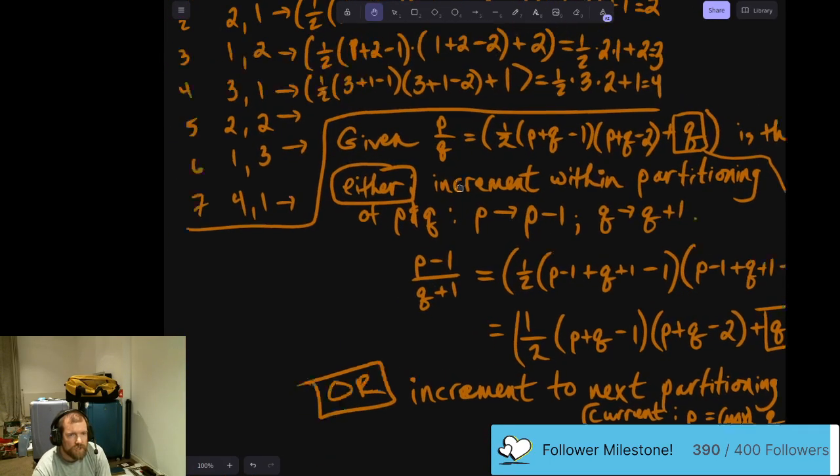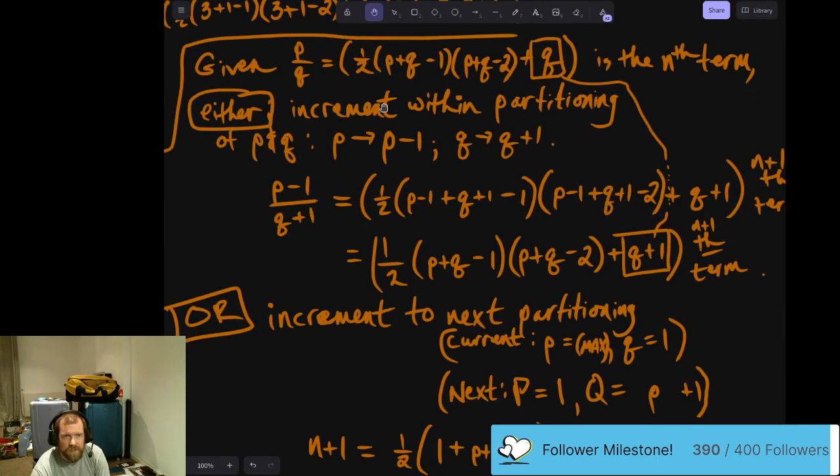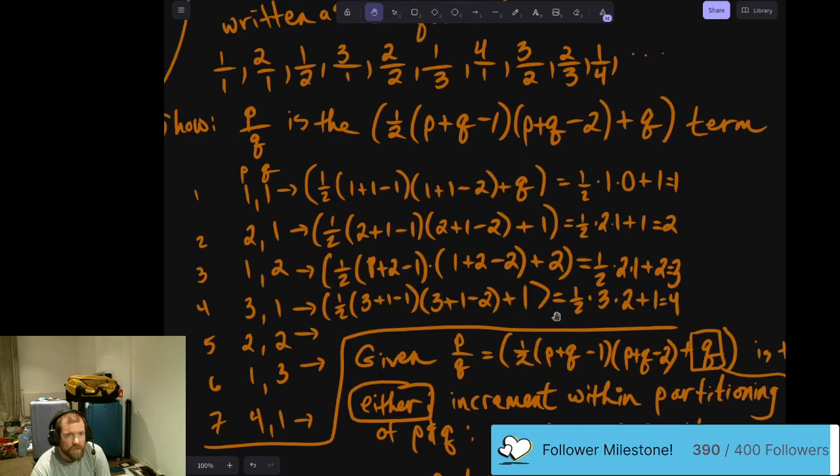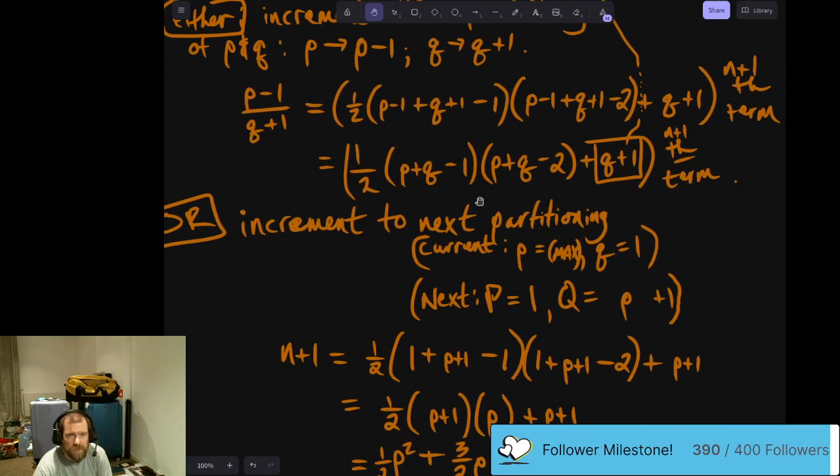So I'm trying to do induction, and we proved that it works for a few of these. I just did the first 4. Worked out perfectly. And then we said, given this is true, then we need to show that this is the n plus 1th term. In this particular case, when we increment within a partition, so we go from 2-1 to 1-2, or we go from 3-1 to 2-2, or 2-2 to 1-3, etc., then we use this stuff here.